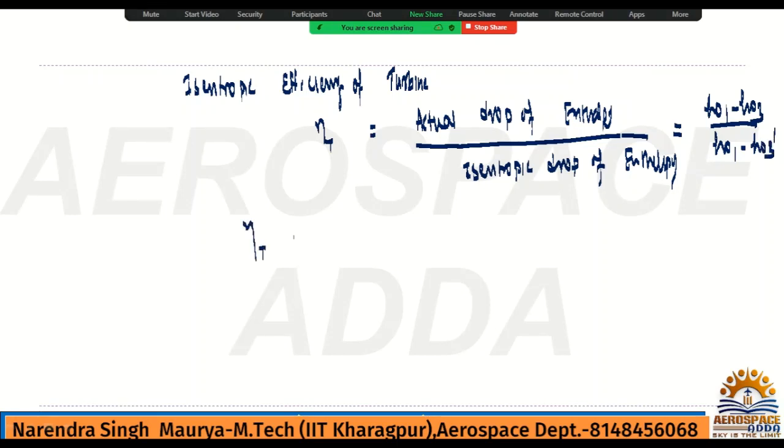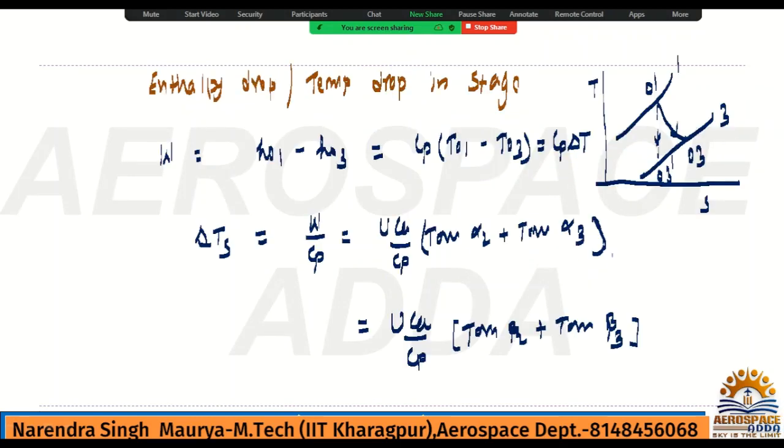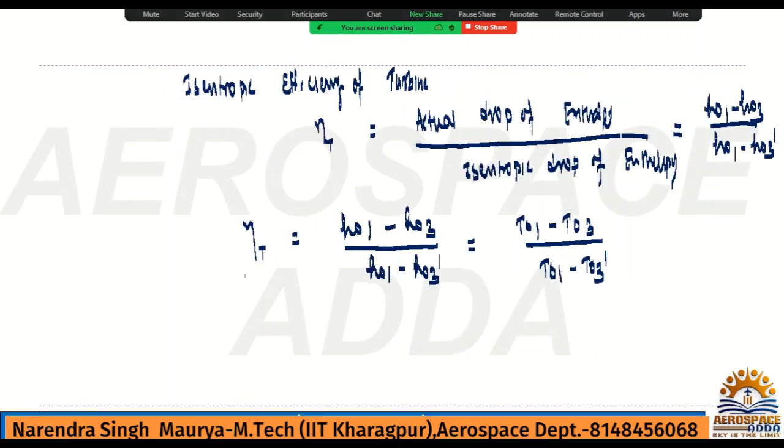So this is the turbine efficiency, or you can write in terms of temperature, (T01 minus T03) divided by (T01 minus T03 dash). Check the diagram here. All right, anyway, so this is the turbine formula, turbine efficiency. You know that it is nicely explained in jet propulsion.